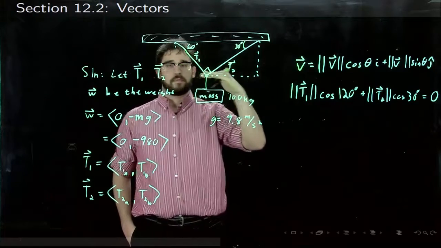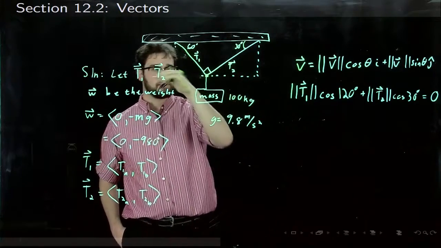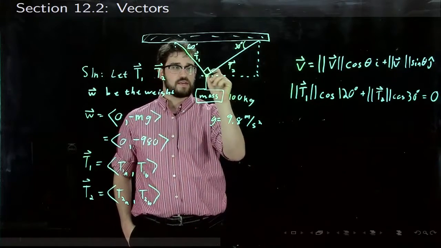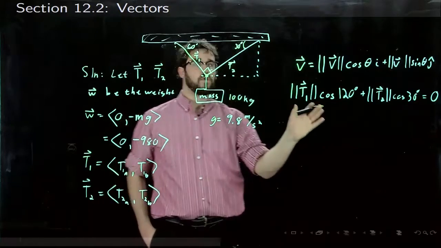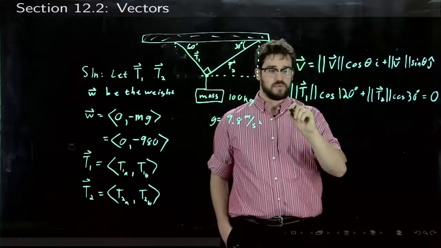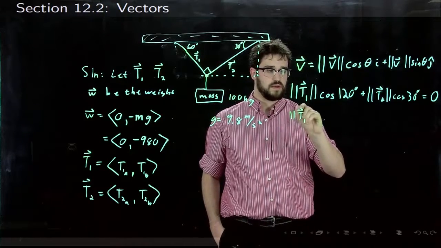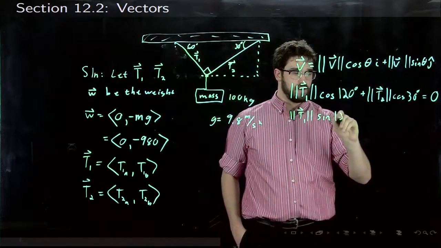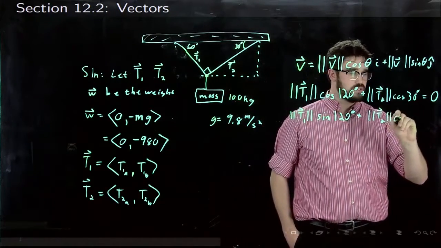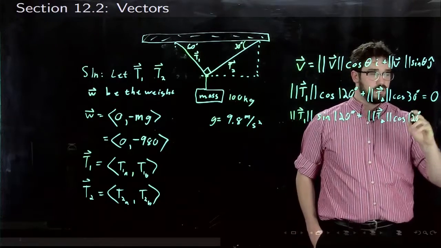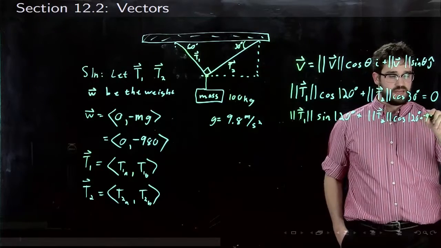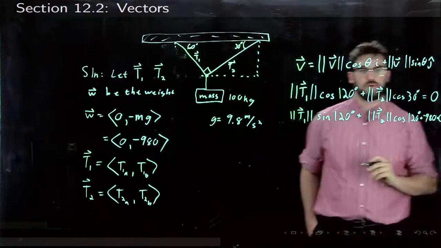So remember, because we have pull in this direction, we actually have to use the 90 degrees plus the 30 degrees for this T1 value, getting our 120. So similarly, we also know the magnitude of T1 sine of 120 degrees plus the magnitude of T2 sine of 30 degrees plus our negative 980, that also needs to equal 0.